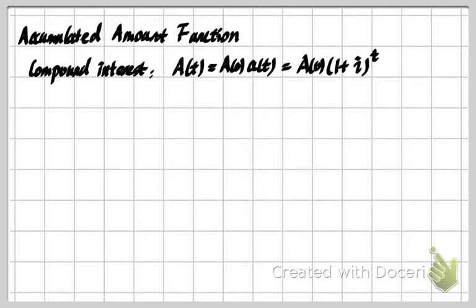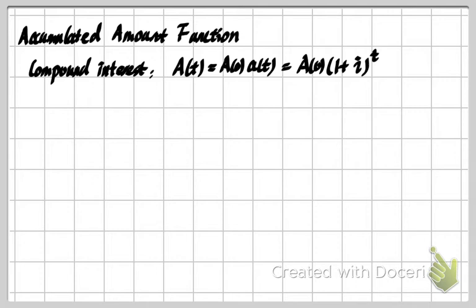A is our compound interest growth, A bar is our simple interest growth. Based on this notation, we can compute our accumulated amount function, which gives us how to compute our investment at any random time t, denoted by at.